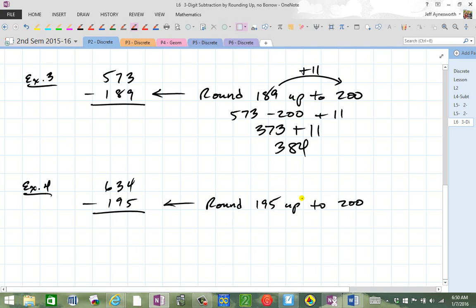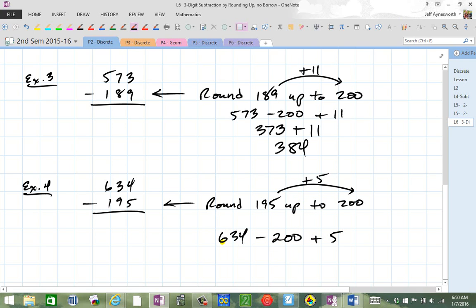All right, and subtract it. Now again, take a look at it. If you round 195 up to 200, that means you're subtracting 5 too many. So there's your adjustment again. So you're going to have to take 634 minus the 200 now, because we're going to subtract too much, because it's easier to do that in our head. But then you have to add in 5 because you subtracted 5 too many.